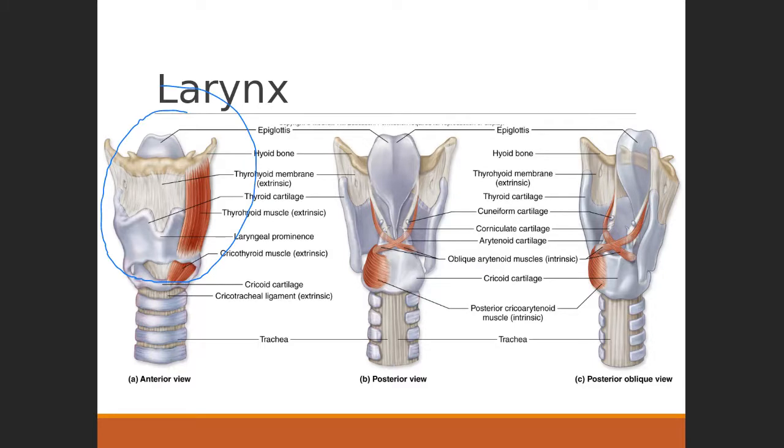So the first cartilage we want to look at is the thyroid cartilage, the largest of the 9. Picture the thyroid cartilage as looking like a shield. It projects off to the front in what we would call the Adam's apple.